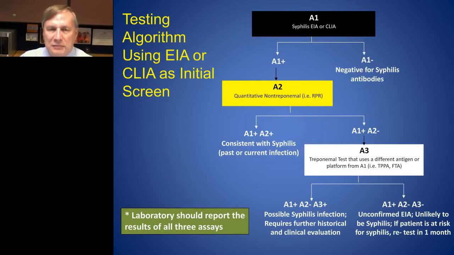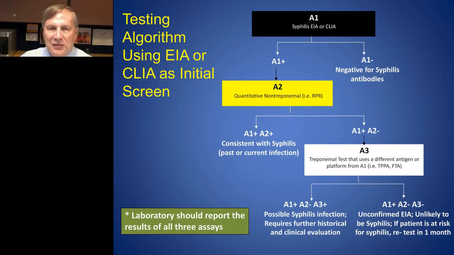The alternate, or the reverse algorithm, the testing algorithm using EIAs or CLIAs as the initial screen. If it's reactive, we go reverse, and we do a non-treponemal test. And we'll titer that specimen out, and depending upon the results, if we get a positive, it would be consistent with syphilis.